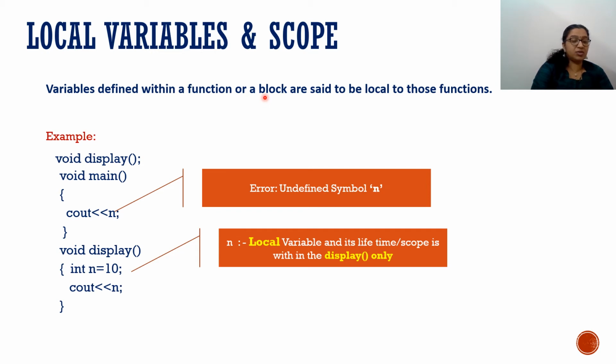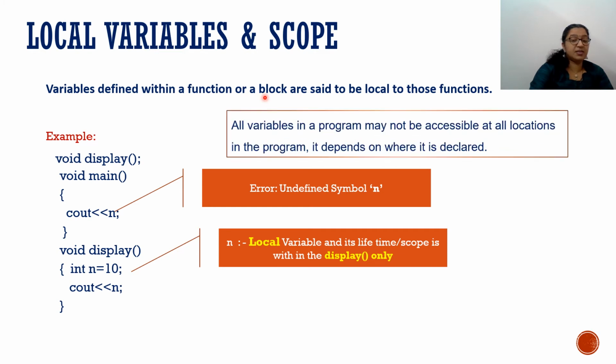Got it? Do you remember the first sentence about the scope of variable? All variables in a program may not be accessible at all locations in the program. It depends on where it is declared. So according to where we declared it, only there can we access that variable.